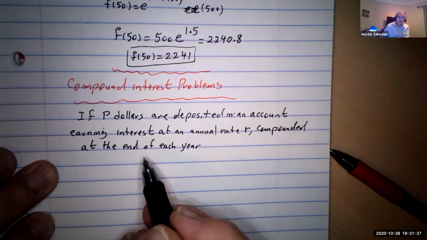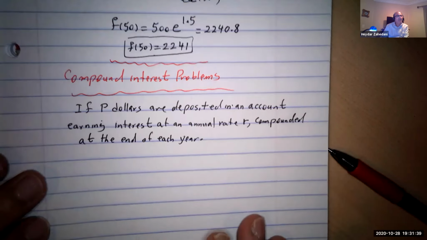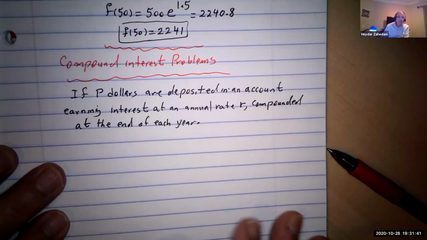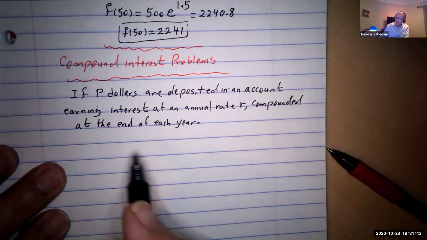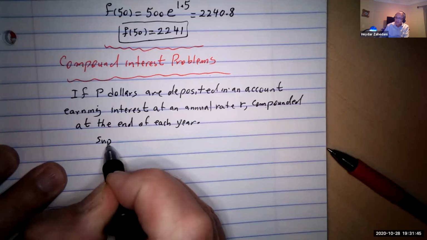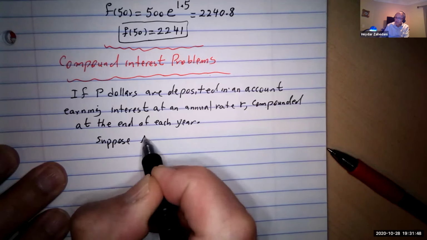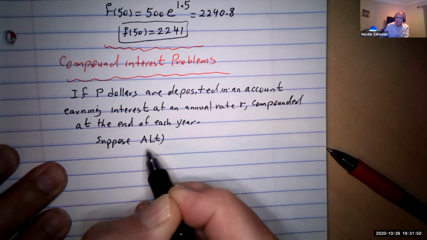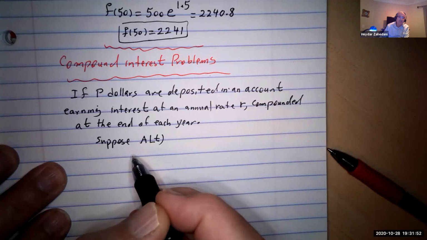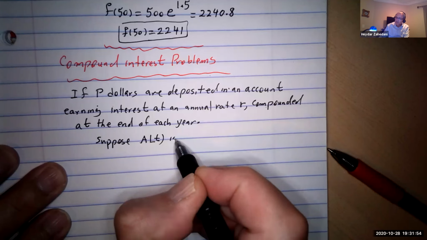If this is the case, then we would like to find a formula for it. Suppose the amount of money A_T is the money in the bank after T years.